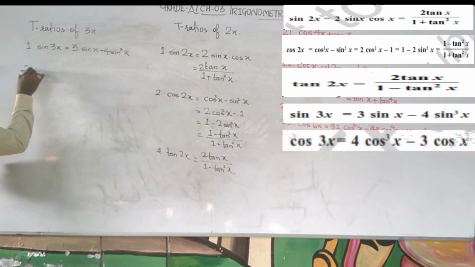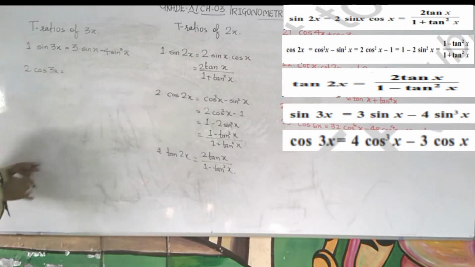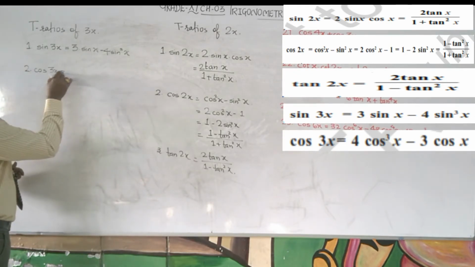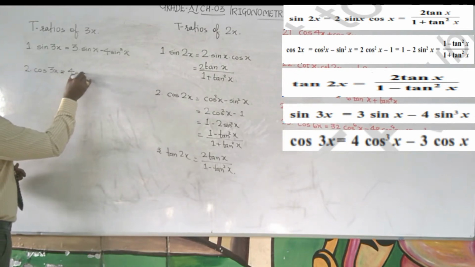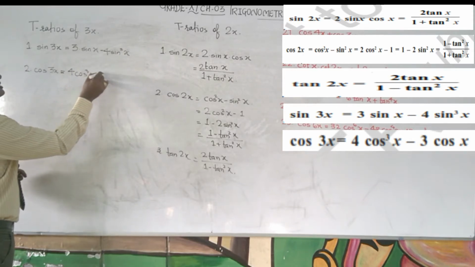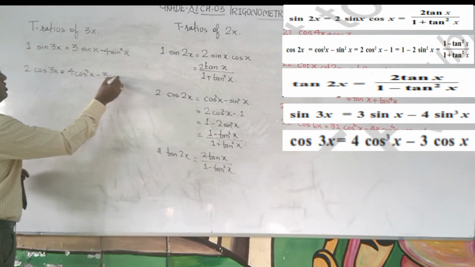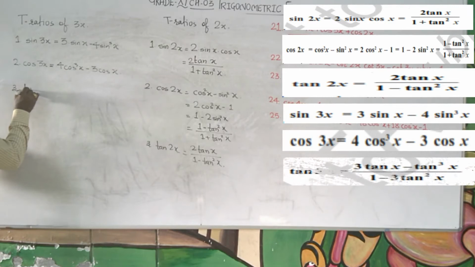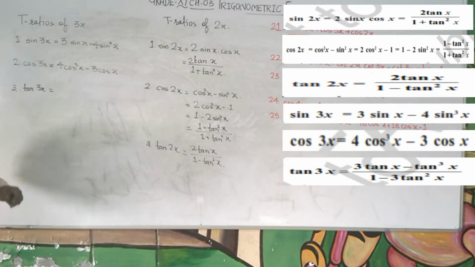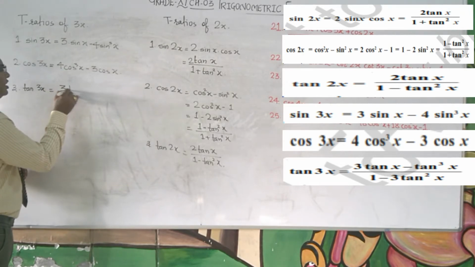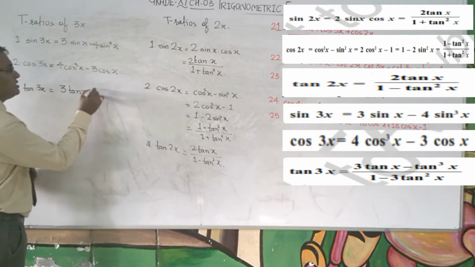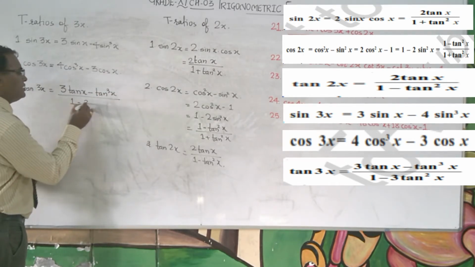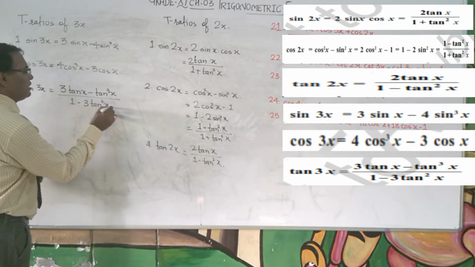The next one is cos 3x, where the power is in decreasing order, which is equal to 4 cos cube x minus 3 cos x. And the third formula is tan 3x, which is equal to 3 tan x minus tan cube x divided by 1 minus 3 tan square x.